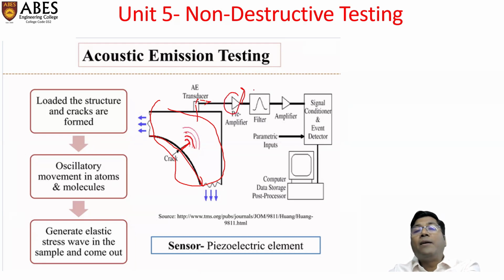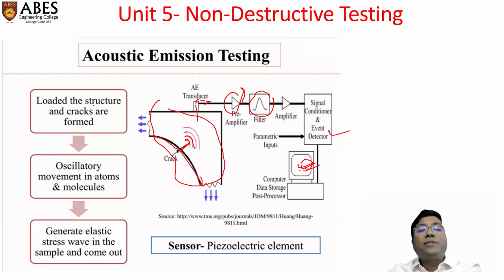Through the pre-amplifier, the signal gets amplified and filtered and further amplified. Then the signal conditioner and event detector will show the parameters, with parametric inputs, computer data storage and post processor. It reflects how much emission is measured, which will say how much crack is there in the surface.